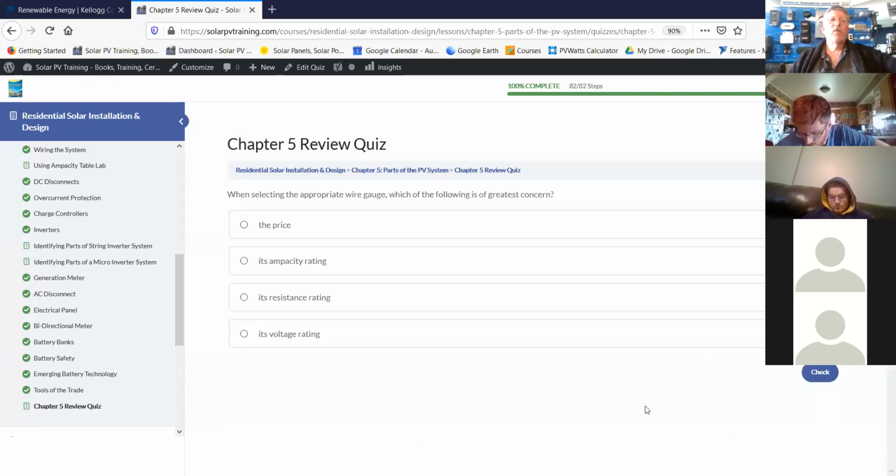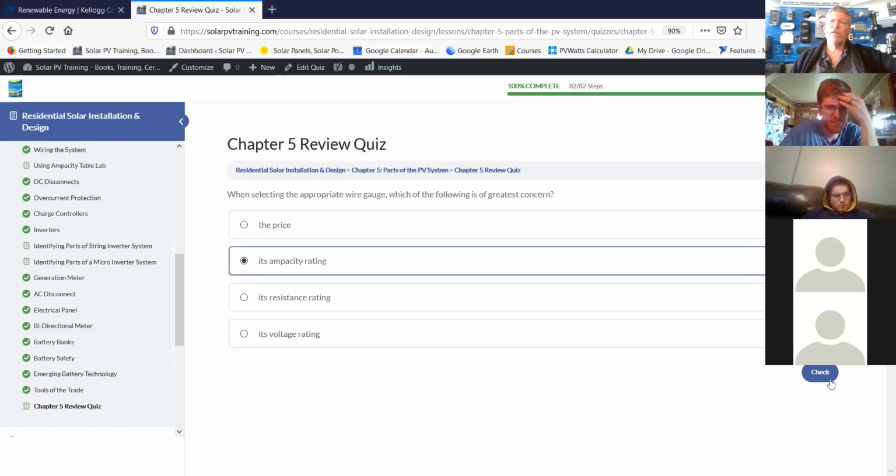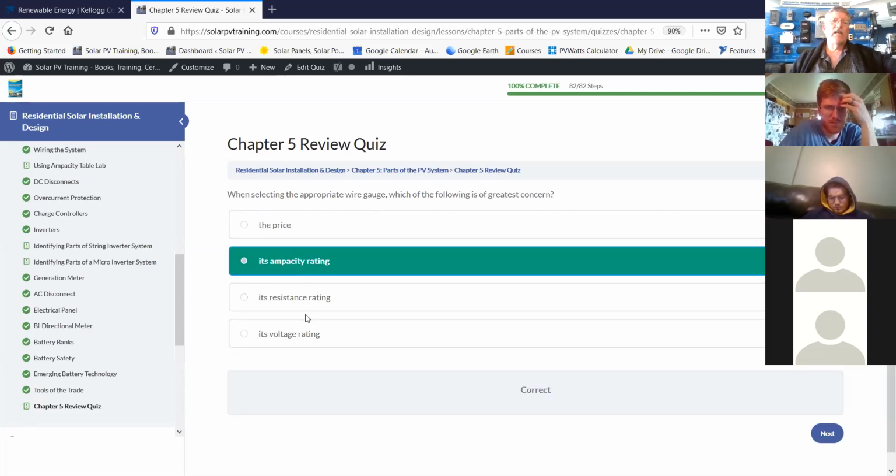When selecting the appropriate wire gauge, which of the following is of greatest concern? The price, its ampacity rating, its resistance rating, or its voltage rating? The ampacity rating, and the reason for that is that's a life safety thing. If you exceed the ampacity rating, then your battery or your wire could burn up. It could catch on fire.